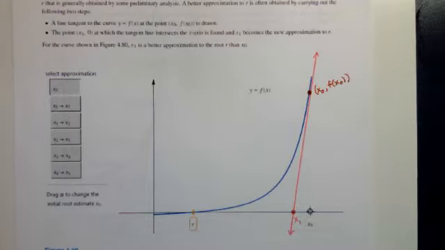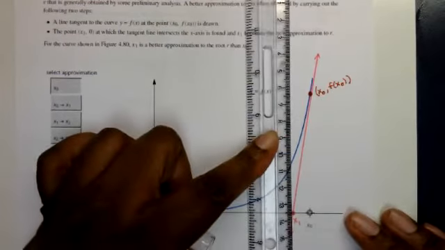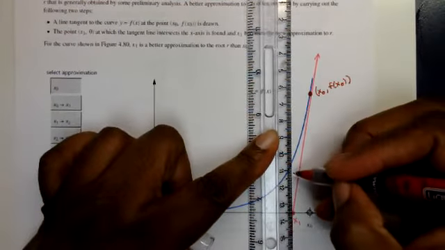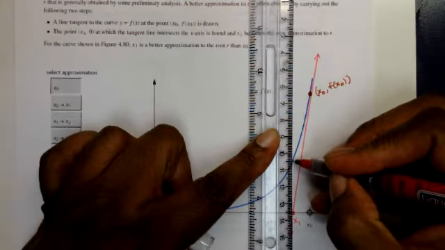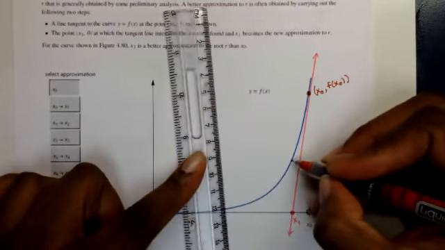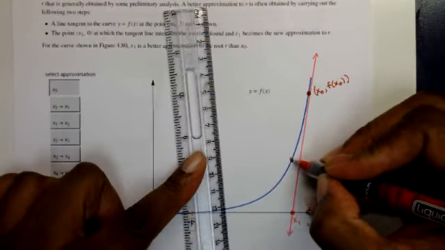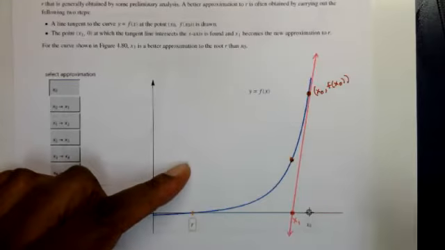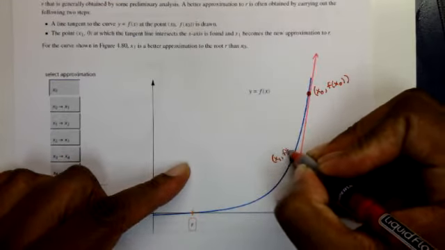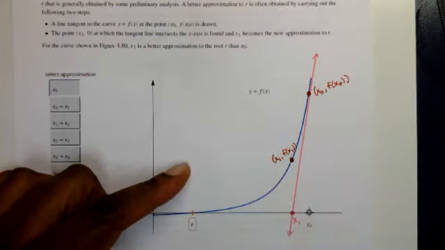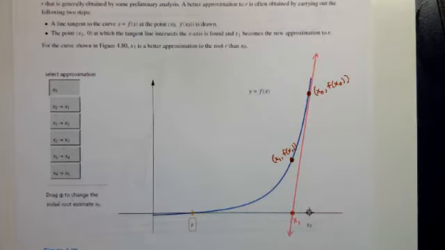Next, I draw another point where x1 is on the graph of y equals f of x. Let's say this right here. That point is x1, f of x1.